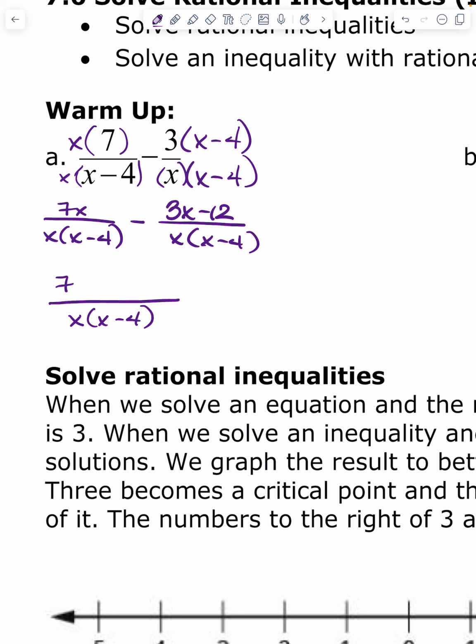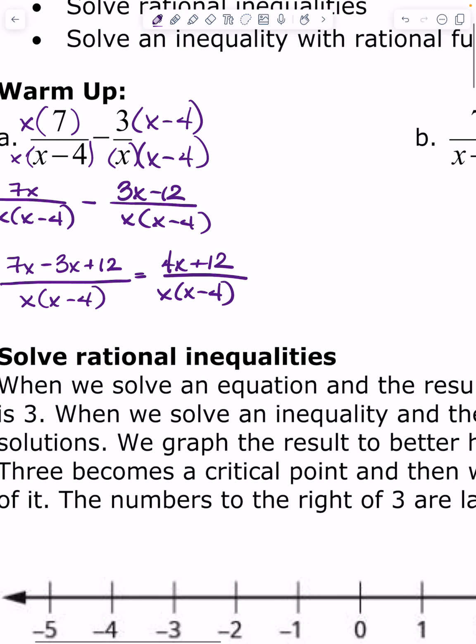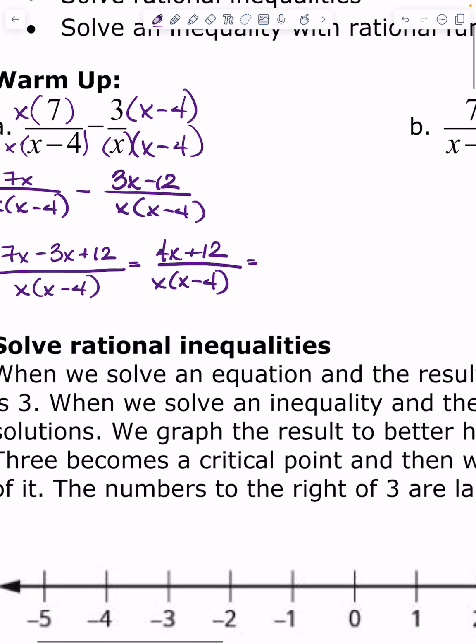In my numerator, I've got 7x minus 3x. Then I also have minus negative 12, so that ends up being plus 12. I get 4x plus 12 over x times x minus 4. And if I want to be really picky, I can go ahead and factor the 4 out of the top. I'm not going to have anything that can cancel, but I'm going to leave my answer like this in factored form.